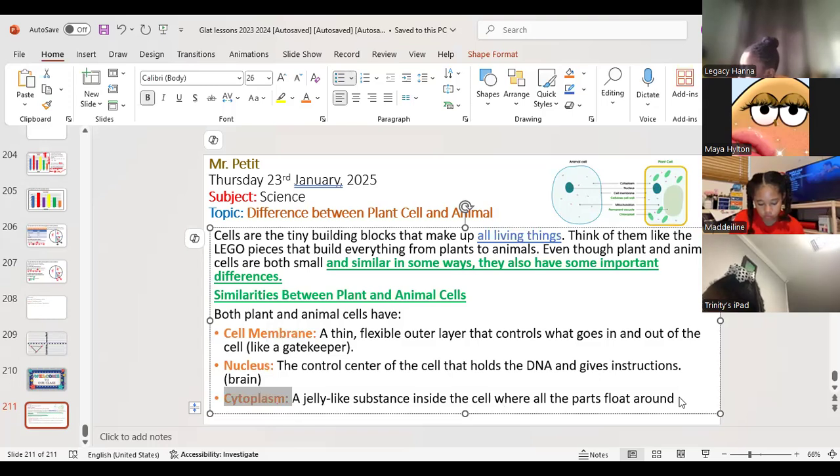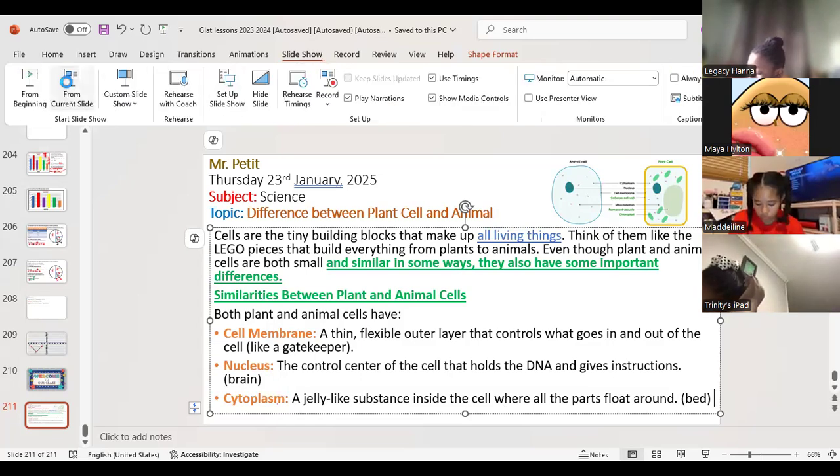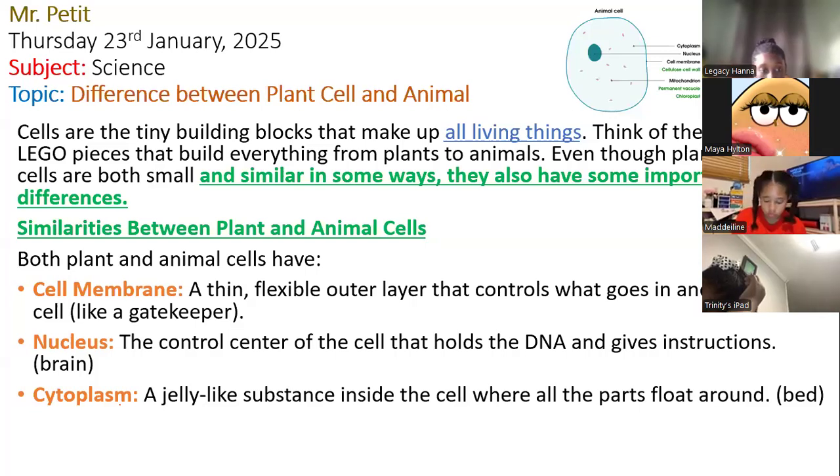Doesn't the cytoplasm have chemicals? Yes, it does have chemicals as well. So it's where chemical reactions take place in the cell. So the gigantic space that's inside the cell, as you can see right here, that is the cytoplasm, all this space right there.